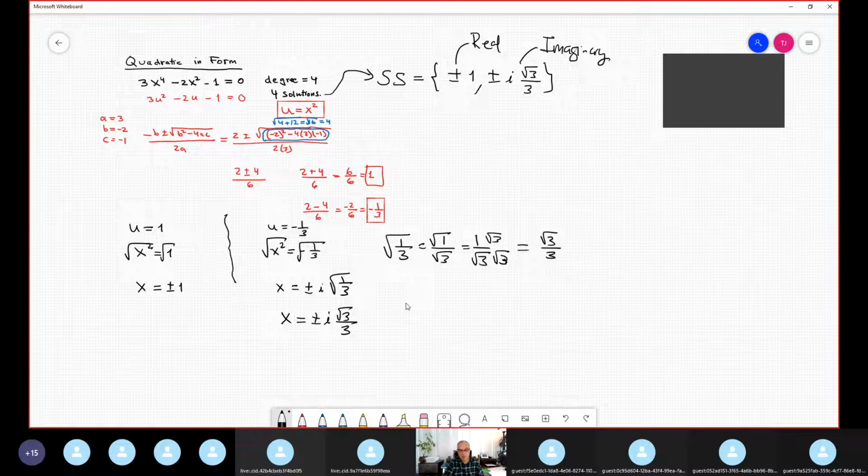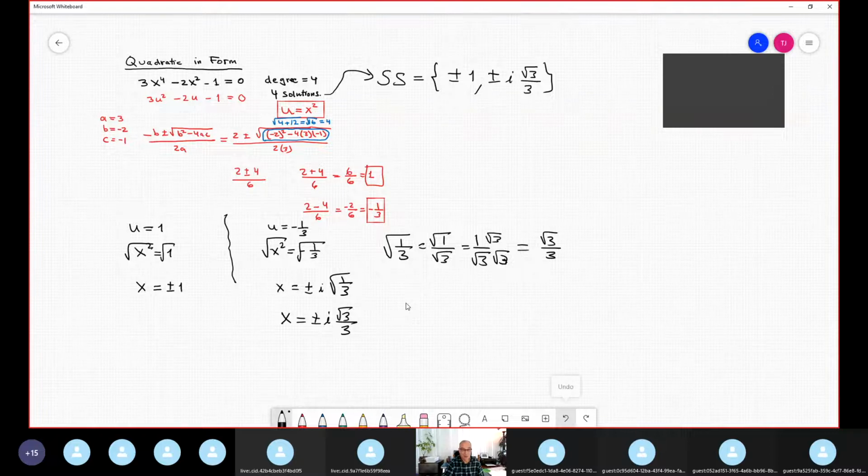And is it always like that? No. In this particular example, it's like that. Sometimes it happens that we have 4 real or 4 imaginary, but no. In this case, it's 2 real and 2 imaginary. This is the answer for this specific example.